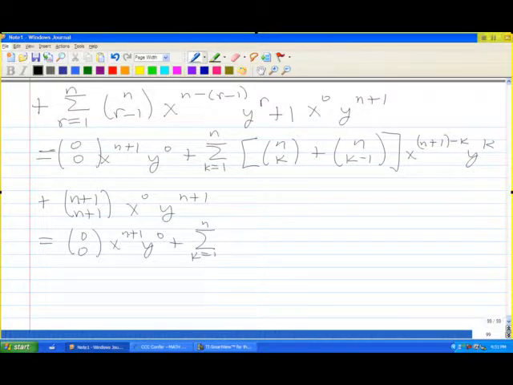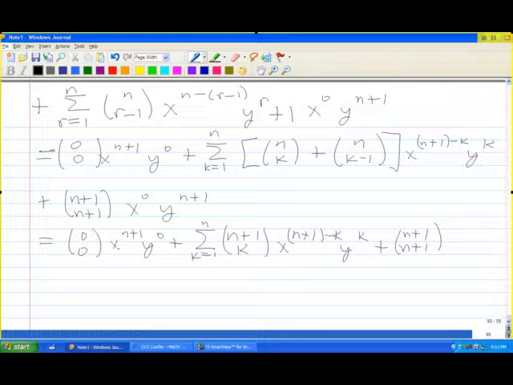We just proved this, that nCk plus nC(k minus 1) is just n plus 1 Ck. That was, I think, property 4 above. x to the n plus 1 minus k y to the k, plus the last term, n plus 1 C n plus 1 x to the 0 y to the n plus 1.